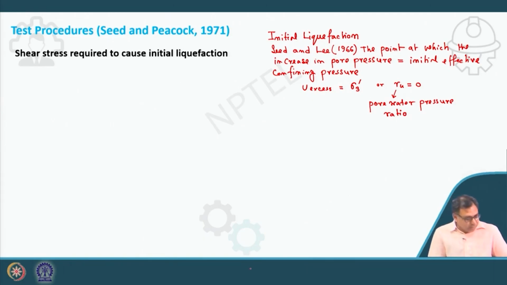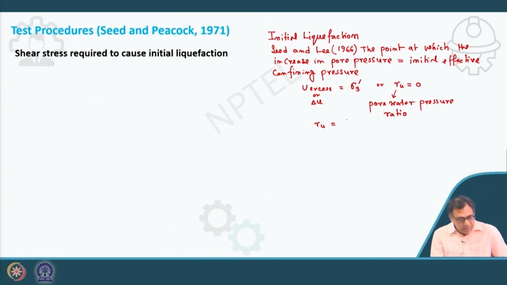Okay. So, pore water pressure ratio RU can be defined by, you can write U excess or del U, both are the same. Del U is also the generation of excess pore water pressure, or U excess is the excess pore water pressure.